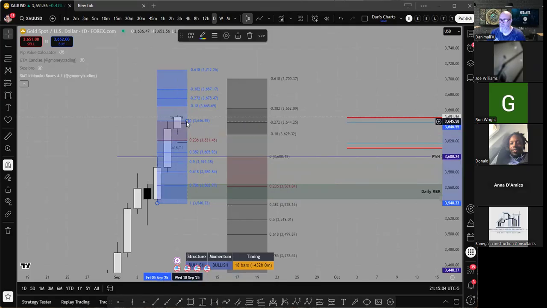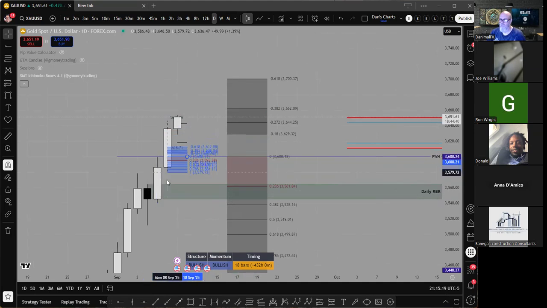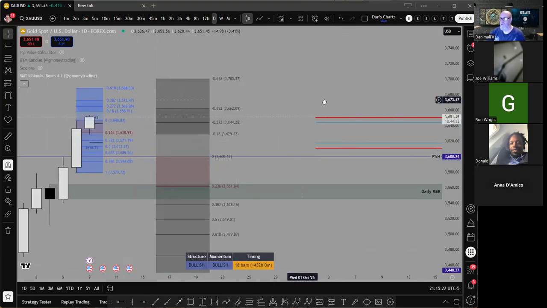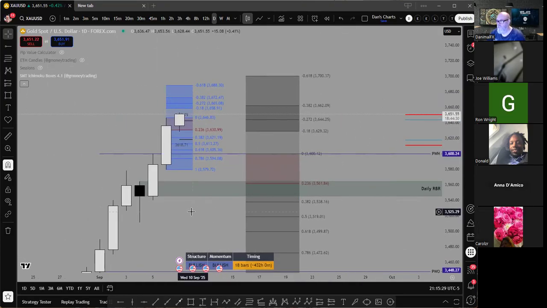Take your fib from one level to the next. Look for your retracement. It came to the 236 and went back up. Now that fib's taken care of, we can keep walking our fib up until we get an eyeball on something. So now on just the daily fib, I'm looking for something in here.